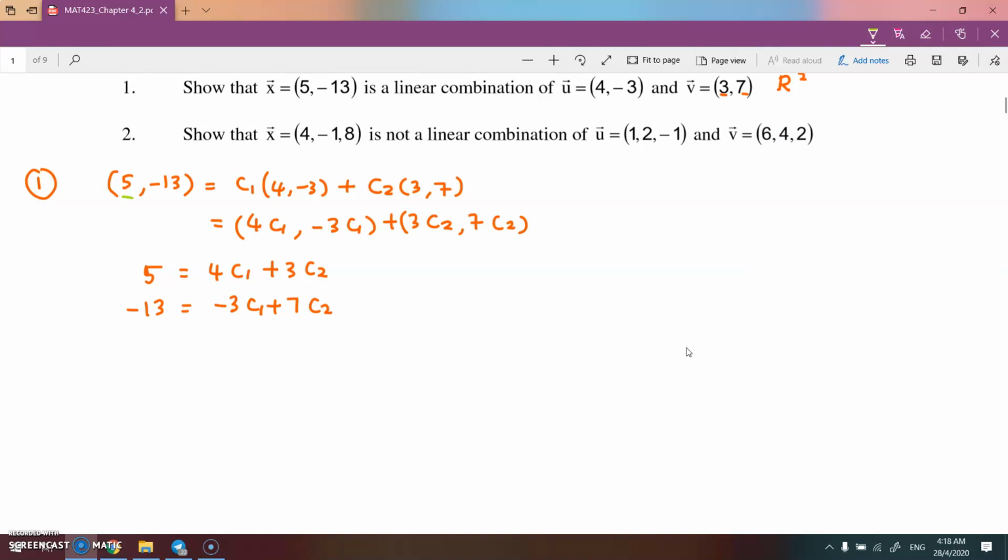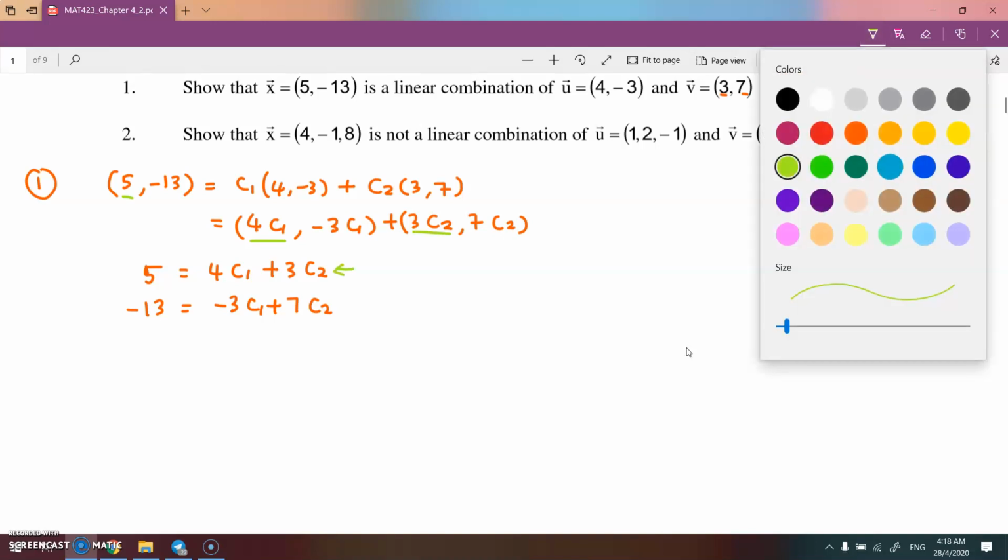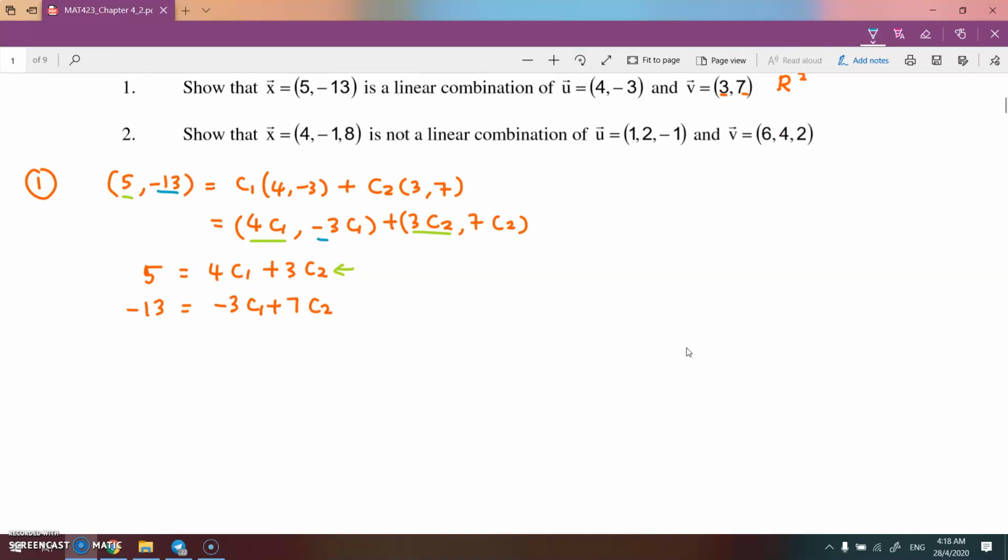The first component plus another first component gives you the first equation, and the second component gives you the second equation. With these two equations, you have to solve the system of linear equations. You can use Gauss-Jordan, whatever method you have learned.